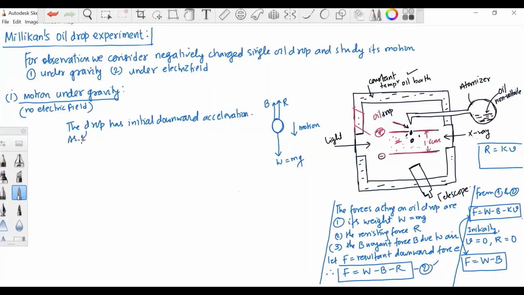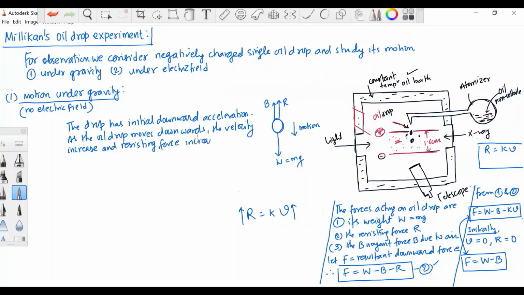As the oil drop moves downwards, the velocity increases, and if velocity increases, then from this relation the resisting force increases.